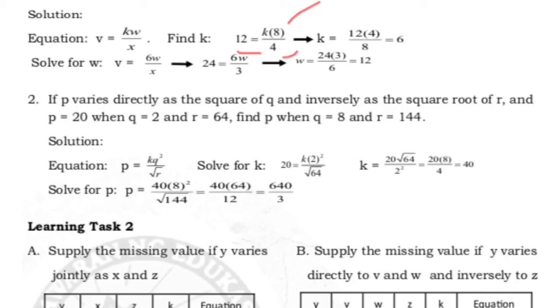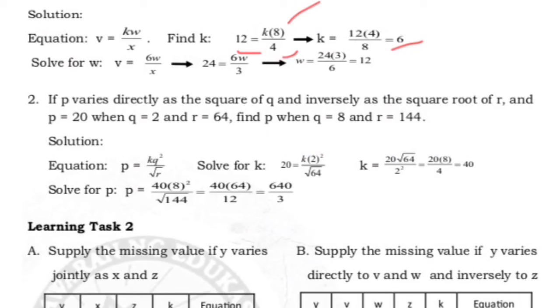So we're going to have K is equal to 12 times 4 over 8. 4 divided by 8, that will be 1/2. So we're going to have 12 divided by 2, which is equal to 6. So the value of K here is 6. So our equation will be V equals 6W over X.